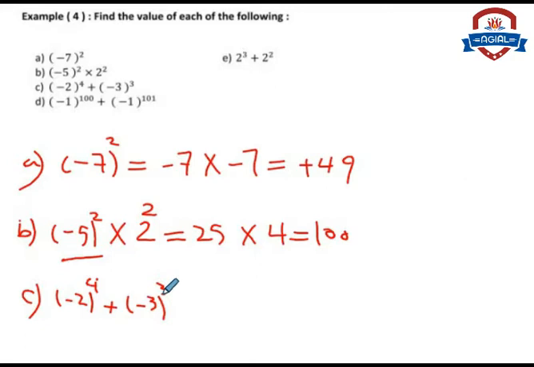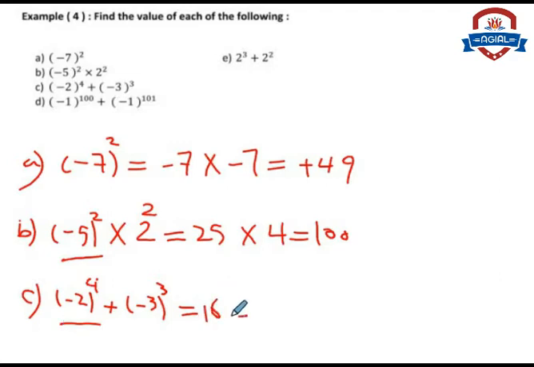So how can we solve this question? We find the value of (-2) to the power of 4. So (-2) to the power of 4 equals negative 2 times negative 2 times negative 2 times negative 2, which equals 16.